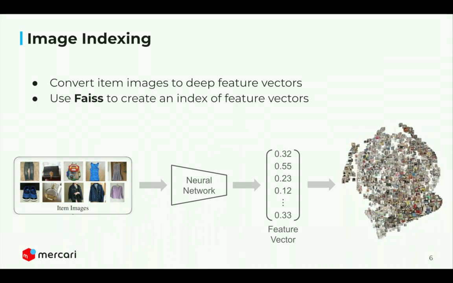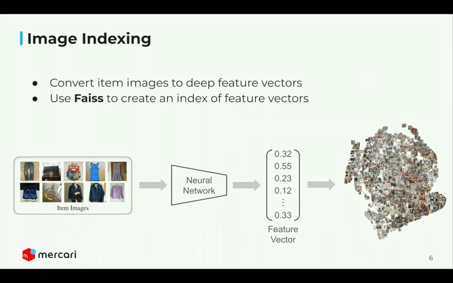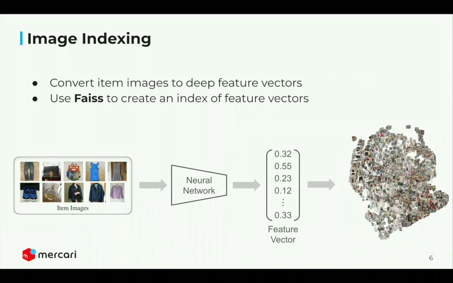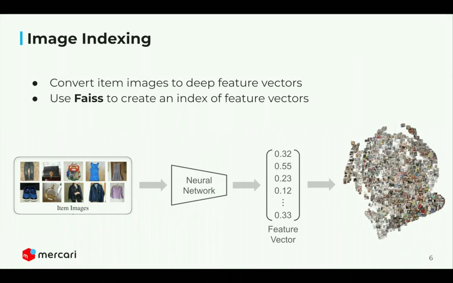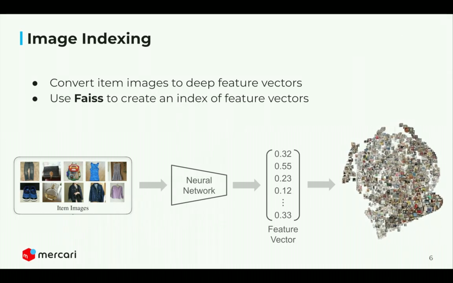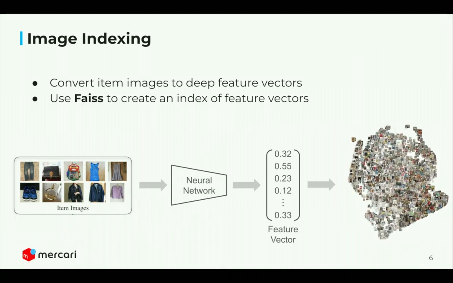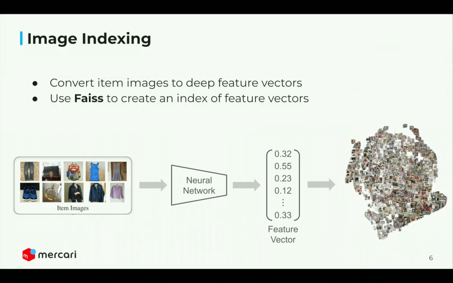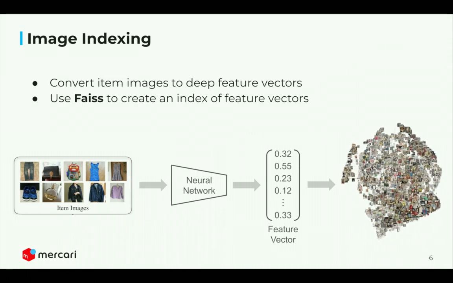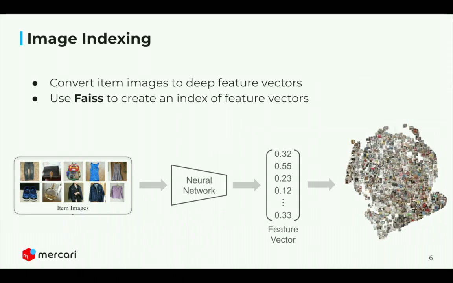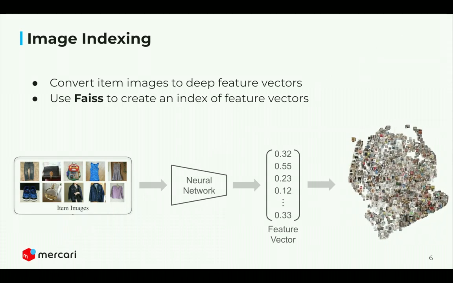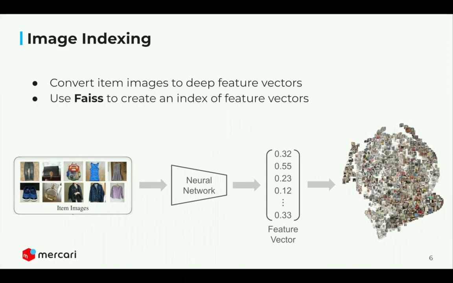At Mercari, we have to search for an image from among over 150 million item images. This massive scale rules out a brute force search to find the exact nearest neighbors. We therefore have to resort to a fast, approximate nearest neighbor search.